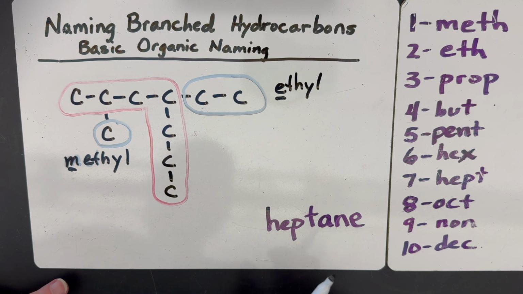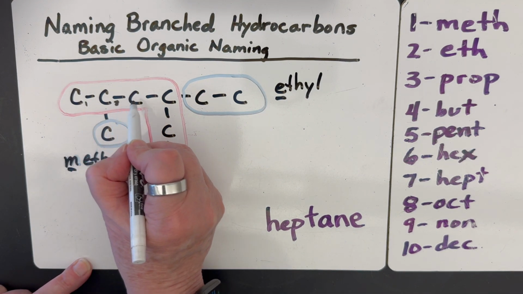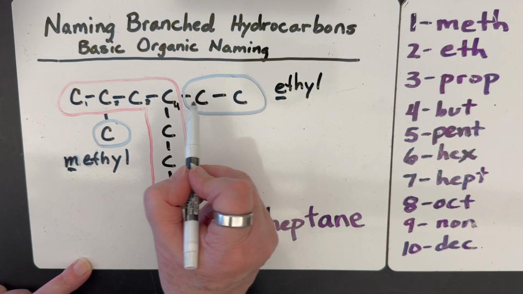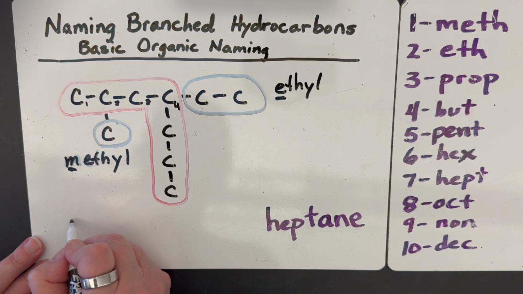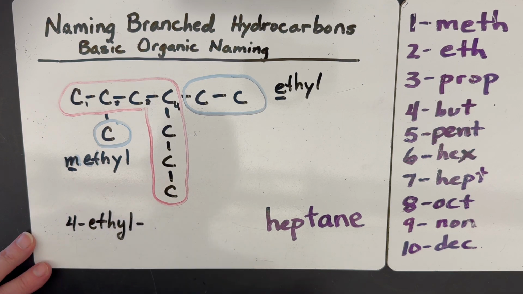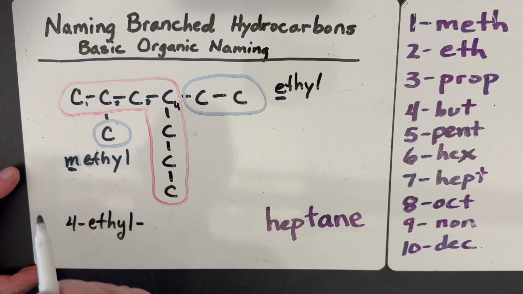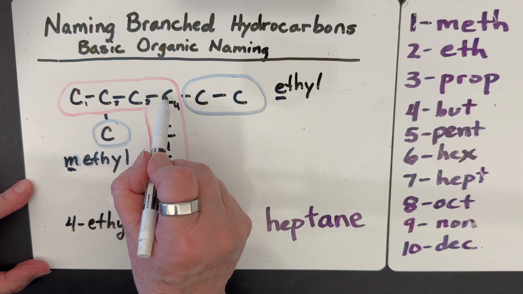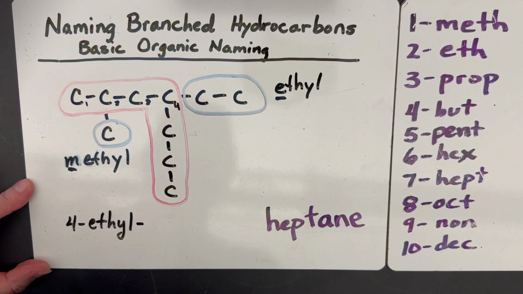Remember, we need a number saying where it is. So if this is carbon 1, 2, 3, 4, then our ethyl group is coming off of the 4th carbon in our parent chain. So it's 4-ethyl. Then we have a methyl group coming off of carbon 1, 2. Don't change your numbering, like don't number this way for this one and then this way for this one. Always keep your carbon 1 as carbon 1.